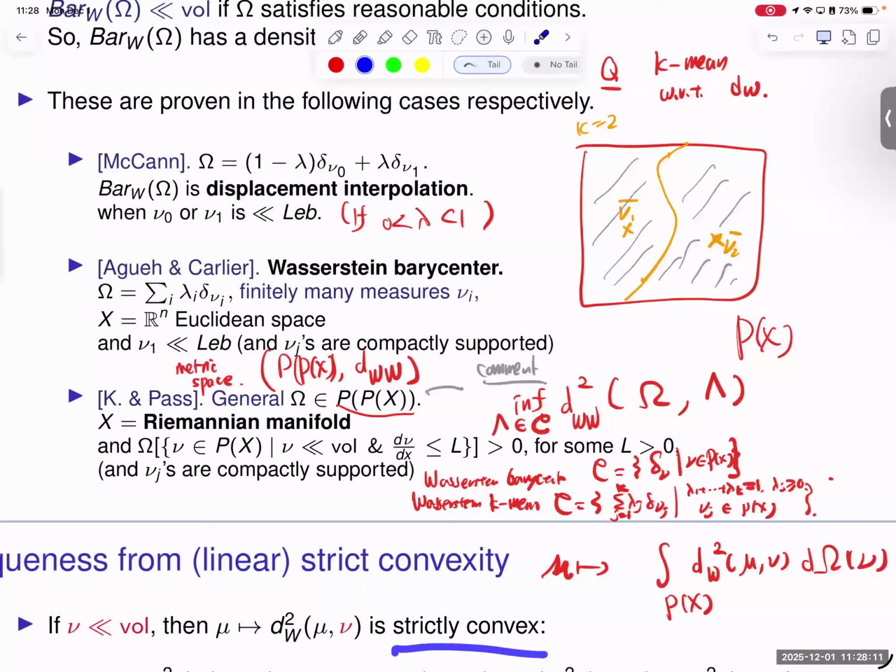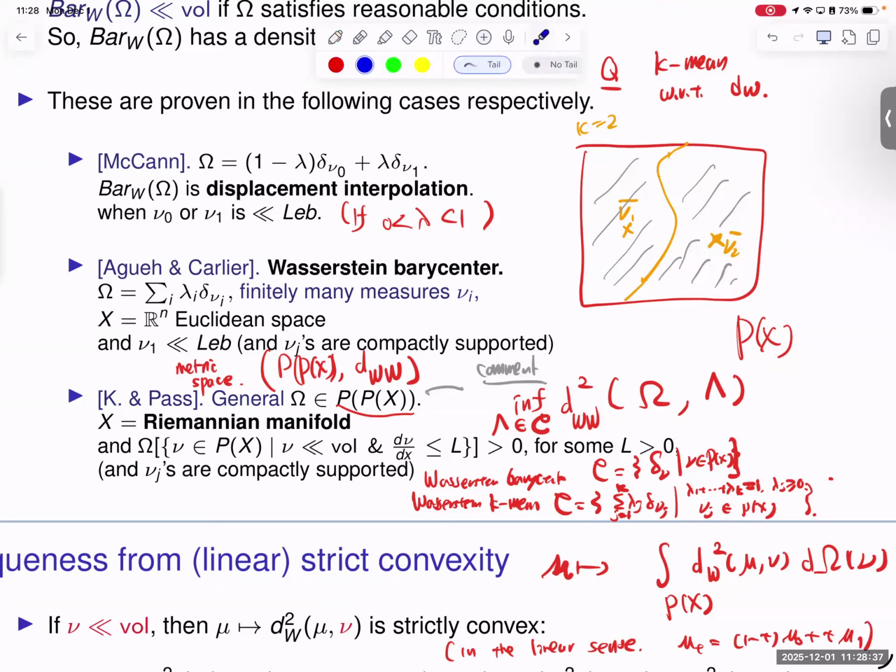But here the convexity is the easier one, in the linear sense, like mu t is 1 minus t mu 0 plus t mu 1.